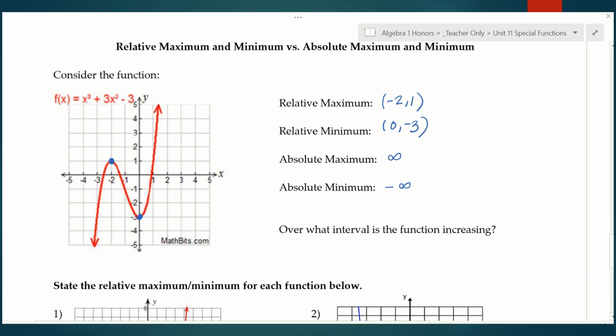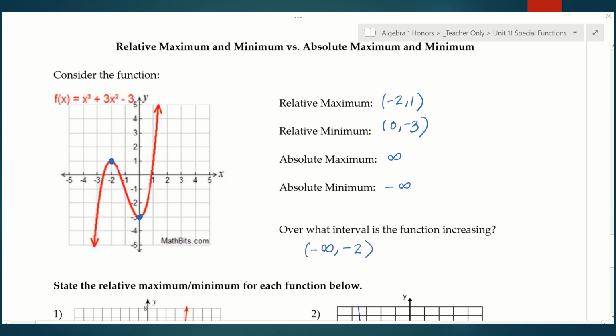The first interval that it's increasing over, remember we talk about the x's when we talk about increasing, is from when x is -infinity all the way until x is -2. That's when it stops increasing. And I'm using parentheses because it's never increasing at a certain point, it's only between the points.